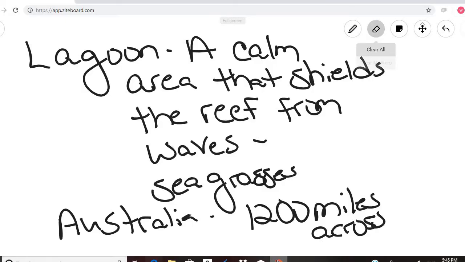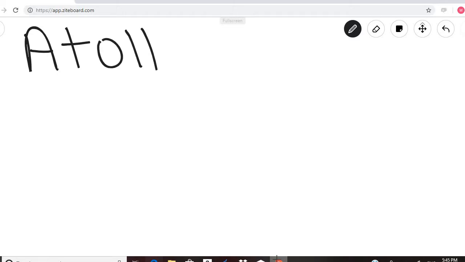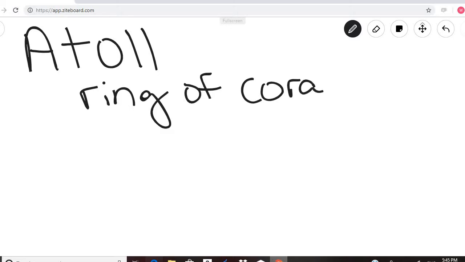The last type of reef that we will talk about is called an atoll. And what an atoll is, it is a ring of coral, and there are steep outer slopes with a lagoon in the middle.